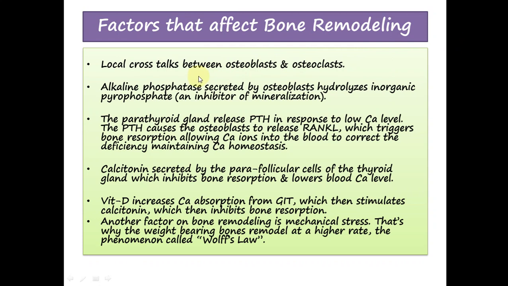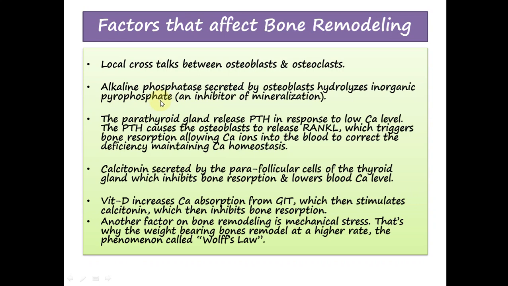Alkaline phosphatase is a very important enzyme, and by phosphatase it means that it is an enzyme that will degrade phosphate. This alkaline phosphatase is secreted by the osteoblasts. It has many functions, but the very important function is that it will hydrolyze the inorganic pyrophosphate.